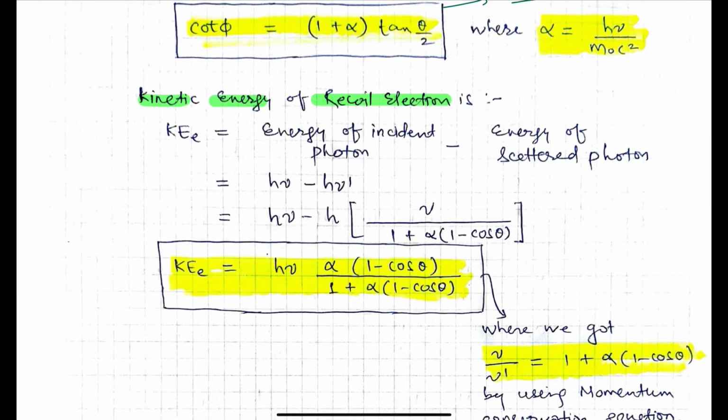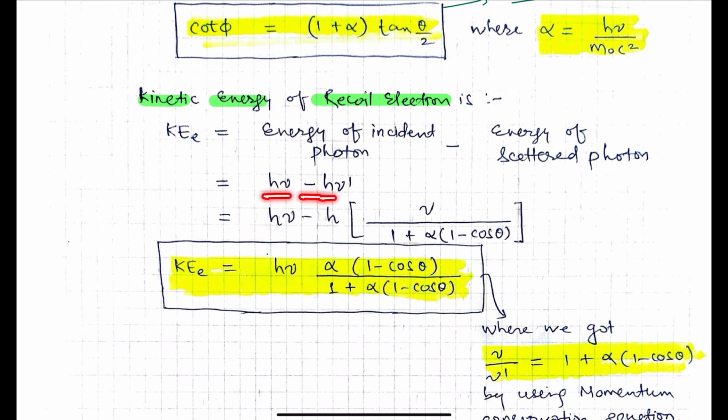We know that whatever the energy of the incident photon would be, and whatever the energy of the scattered photon would be, the difference of that will be transferred to the electron. So the kinetic energy of the electron would be simply the difference of the energies of the incident photon and the scattered photon.